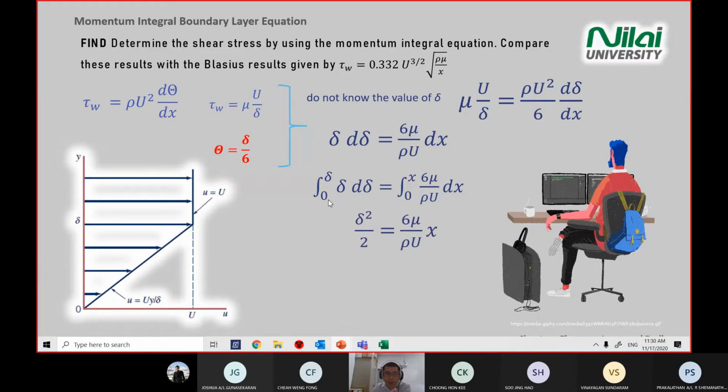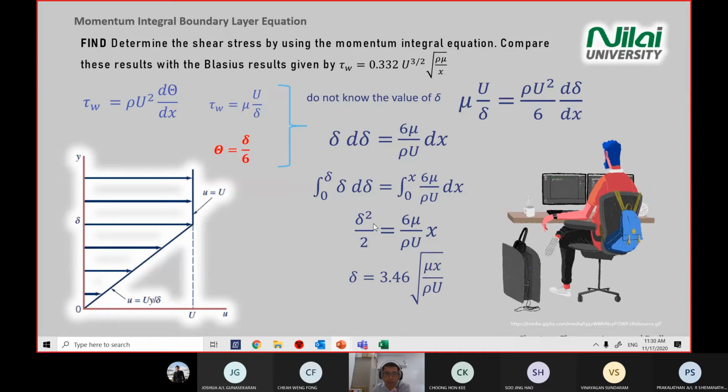Okay, so when you integrate, you get this term. This is more on the integration steps. Delta square divided by 2, and on the right you will get 6 mu x divided by rho u. All right. Because I'm interested in finding the boundary layer thickness, we do not integrate further, we simplify the equation.